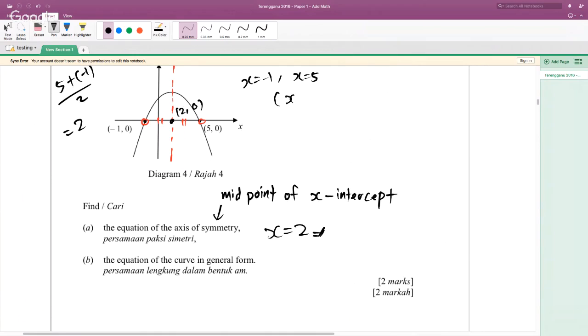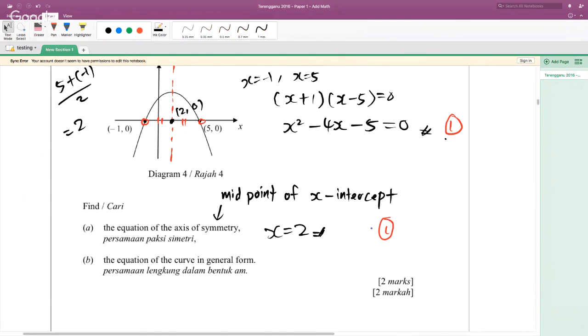I do it backwards now: x plus 1, x minus 5 equals 0. Then I expand this and get x squared minus 4x minus 5 equals 0. I guess it's just like this, because it's only 1 mark for each. So it should be very easy, it shouldn't be too difficult.